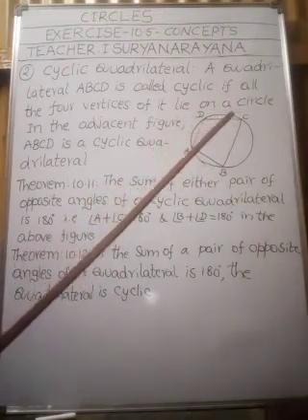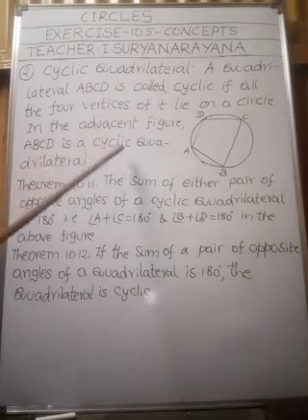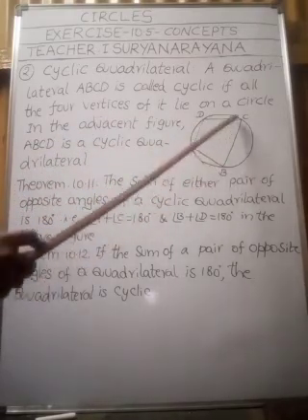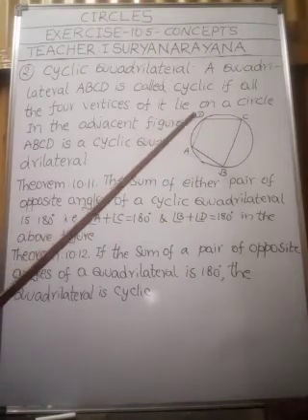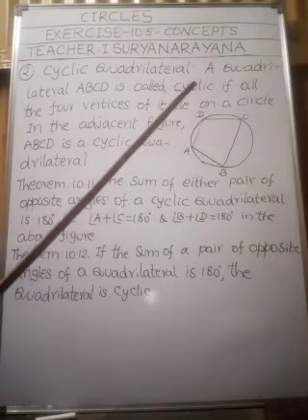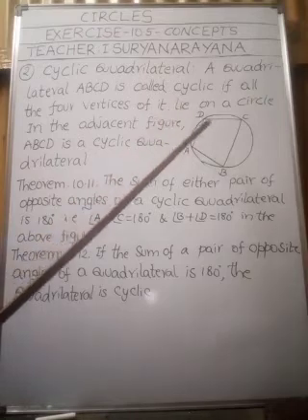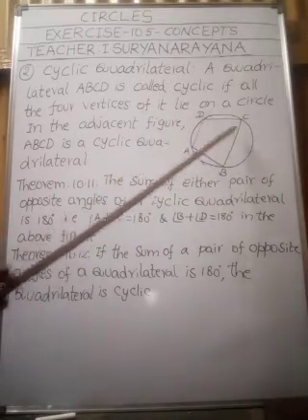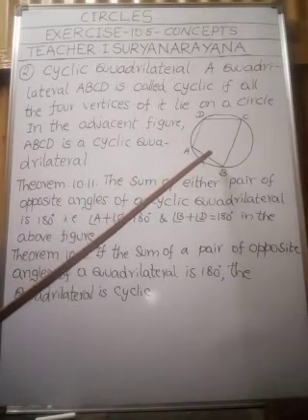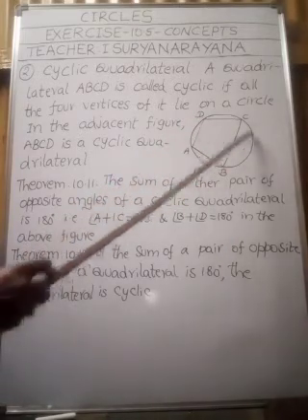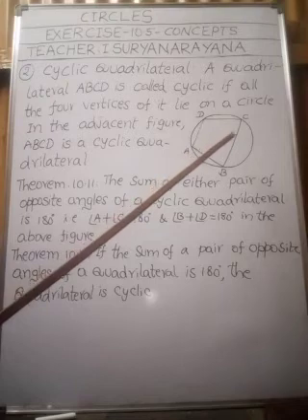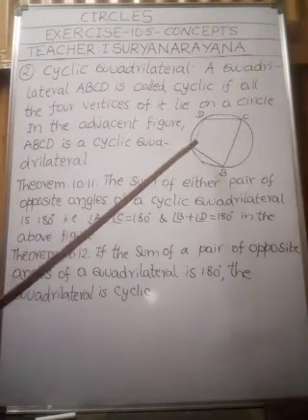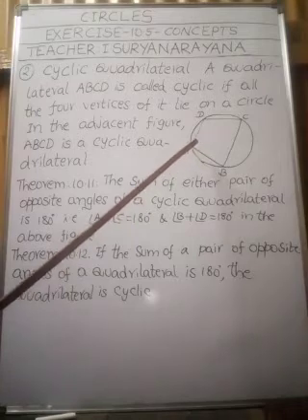In this figure, the quadrilateral ABCD is a cyclic quadrilateral because all the four vertices A, B, C, D lie on a circle. Yes or no, my children? That is why this quadrilateral is said to be a cyclic quadrilateral. Understood this definition, my children?